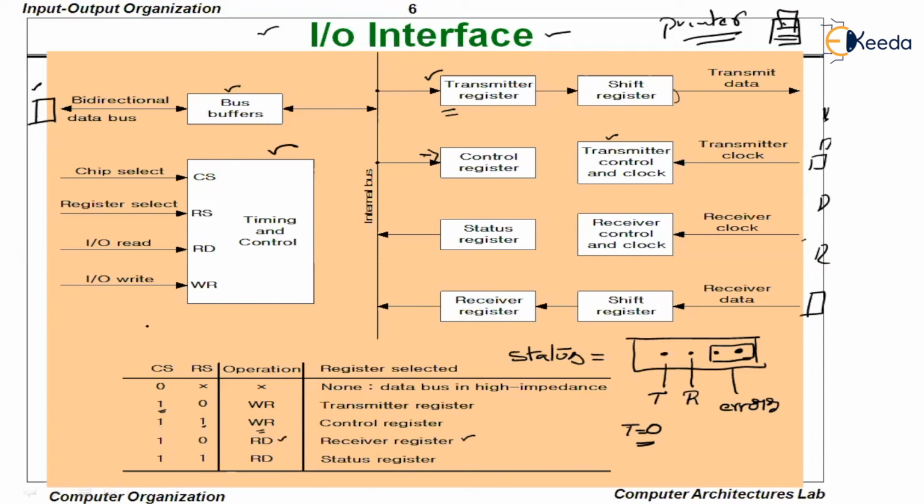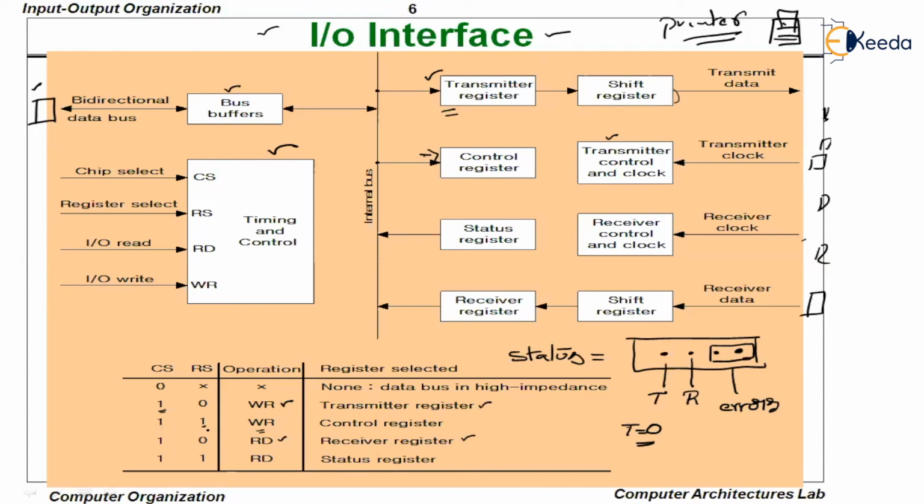Once again, to ensure that this I/O interface has been selected, chip select must always be equal to 1. In conjunction with that, we check the register select. If the chip select is 1, register select is 0, and write is enabled, then the transmitter register will get selected.